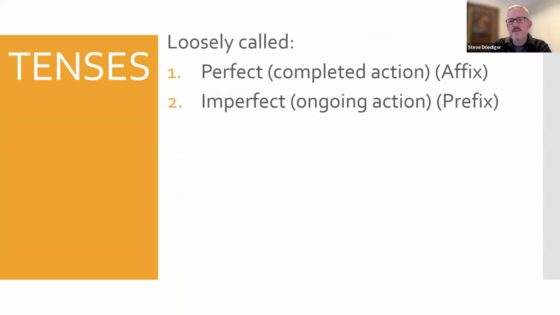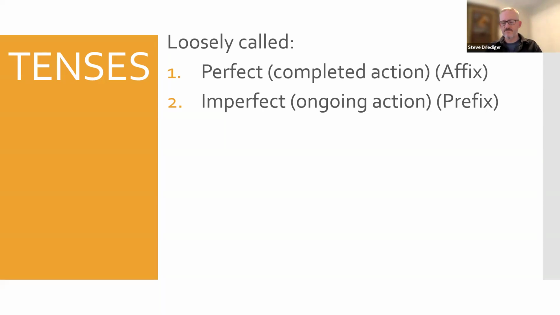Tenses, again, really probably better defined as aspect. But if we were going to ask the question about tense and use tense, we would talk about perfect and imperfect. And you'll see those words affix and prefix behind those definitions. That's just a way to identify whether we're looking at a perfect tense or an imperfect tense.